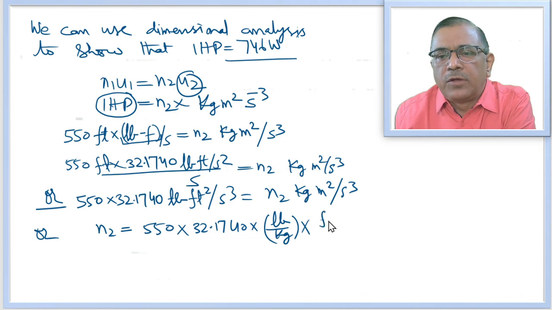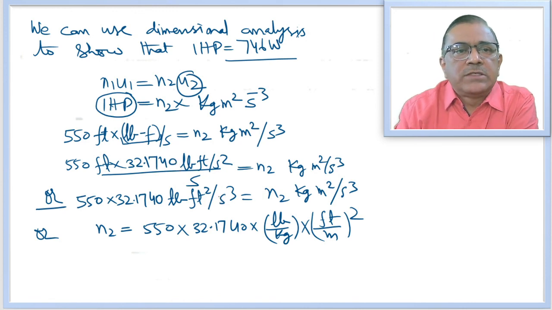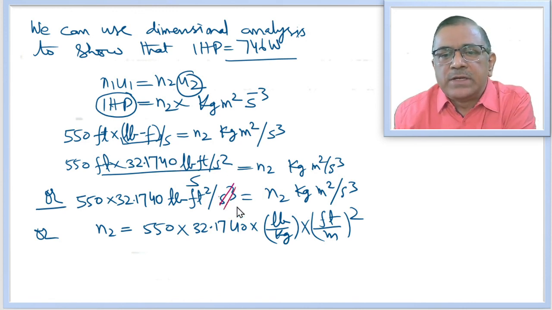multiplied by feet upon meter whole square, and the second cube and second cube can be cancelled straight away.